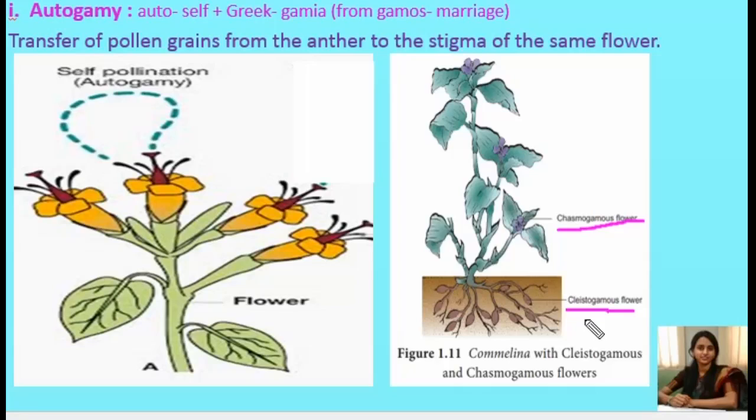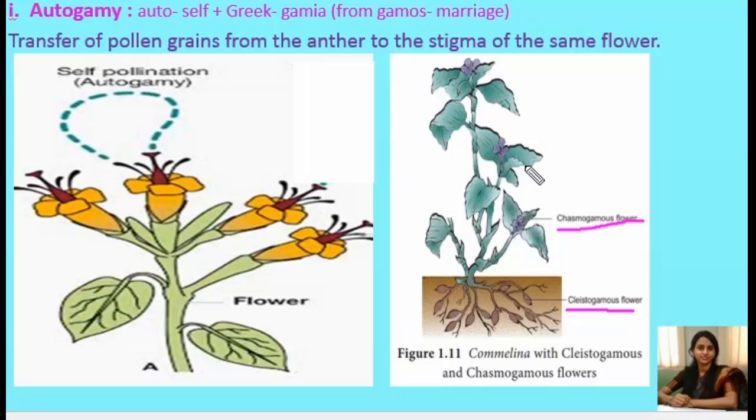When the anther dehisces, the pollen grains are released and come in contact with the stigma. Thus, cleistogamous flowers are invariably autogamous because there is no chance for cross pollination.